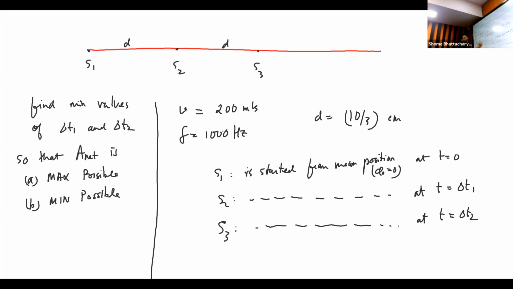We also have to find what that maximum possible value and that minimum possible value are. Everything else you're keeping the same. All three have the same amplitude of 1 millimeter each.